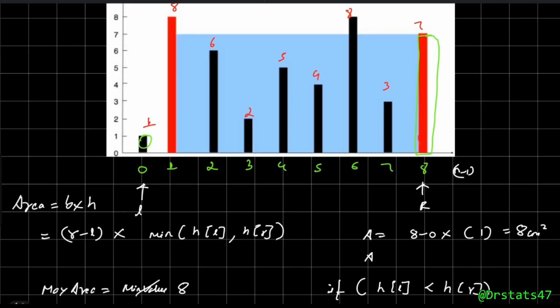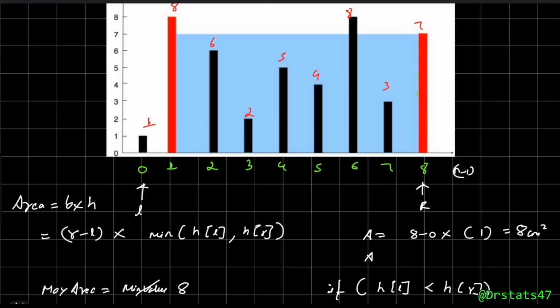So to find the max area, we have to remain with the big bridge and find another bridge which can be bigger than this one. If we have a big bridge like this, we can accommodate more area, right? More water.